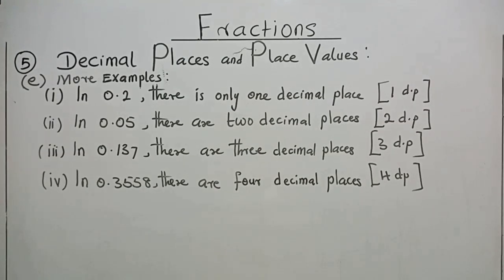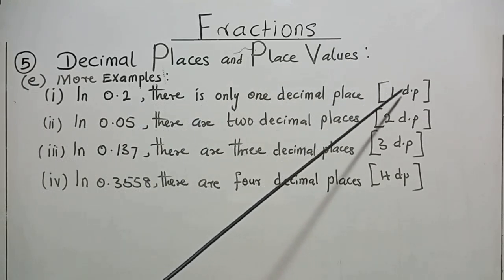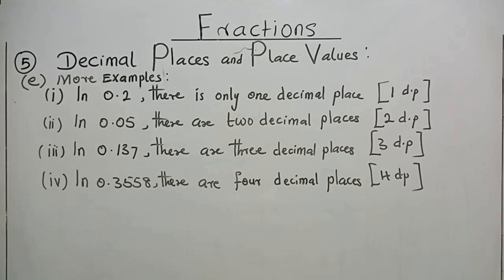Now, find more examples. In 0.2, there is only one decimal place. That is 1 dp. Why? It is only one round of sharing that produced 0.2. From whatever vulgar fraction that 0.2 came, this 0.2 only tells us that only one round of sharing took place and 0.2 was produced.